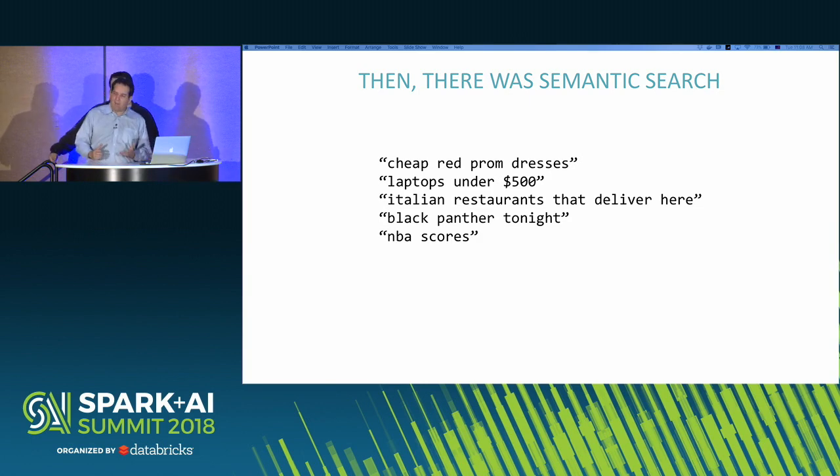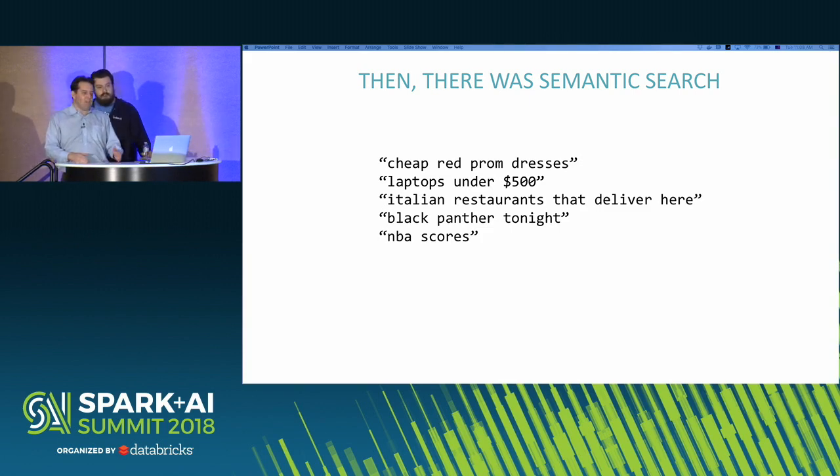So if I type in NBA, I want the latest scores, so I want tonight's game or the last game, and obviously based on where I am geographically, based on time in the year, this is going to be different. If I'm doing a restaurant search, obviously I want things that are near me, I want things that are open right now, right? And similarly, a cheap dress does not cost as much as a cheap pen, or as a cheap car, or as a cheap house, right?